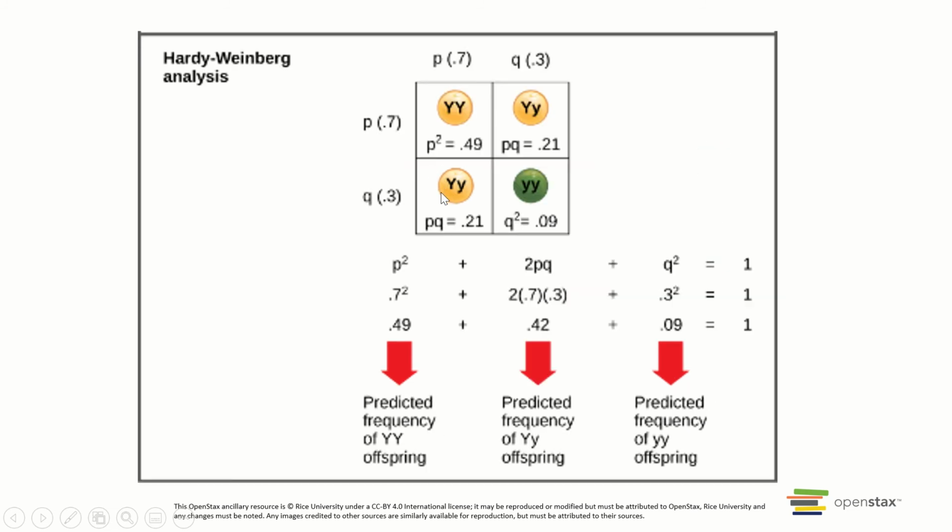We can then use that and a Punnett square to figure out what the predicted frequency should be in the next generation. So we should have 0.49 homozygous dominant, 0.42 heterozygous, 0.09 homozygous recessive, based on the Punnett square, where we just use the allele frequencies.